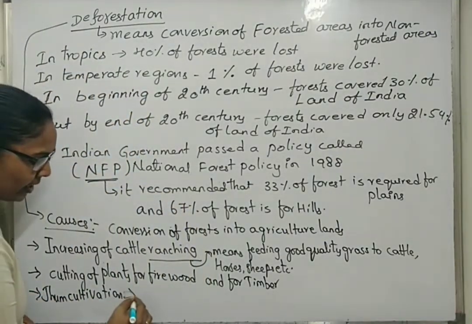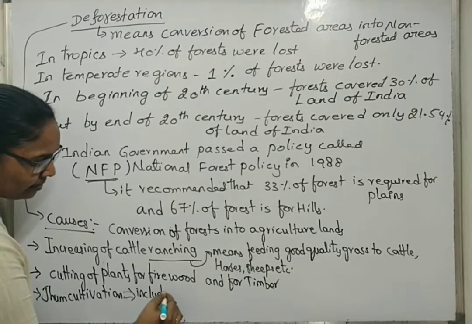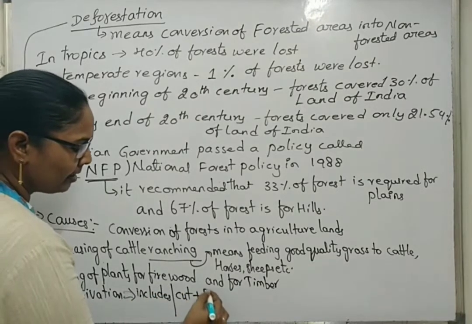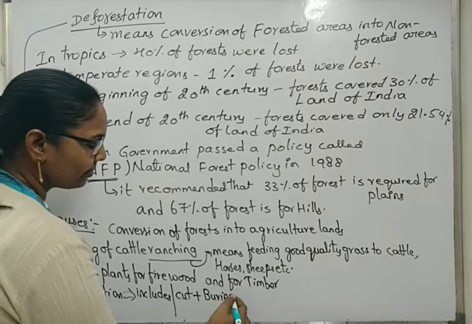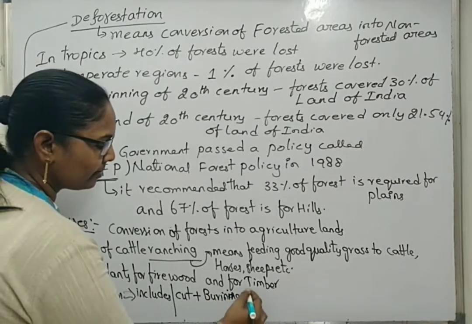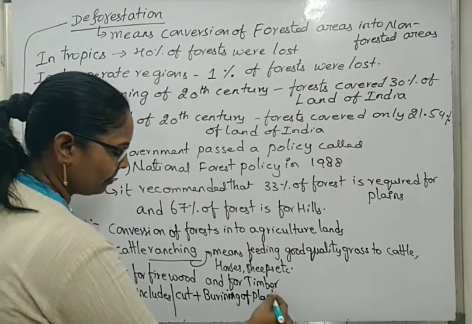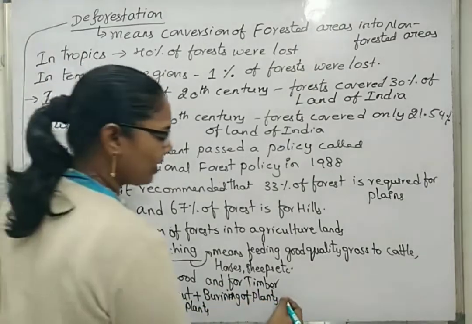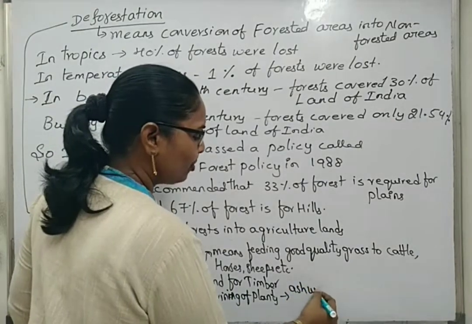So Jhum cultivation includes cutting of plants, burning of the plants, and ash used as fertilizer.